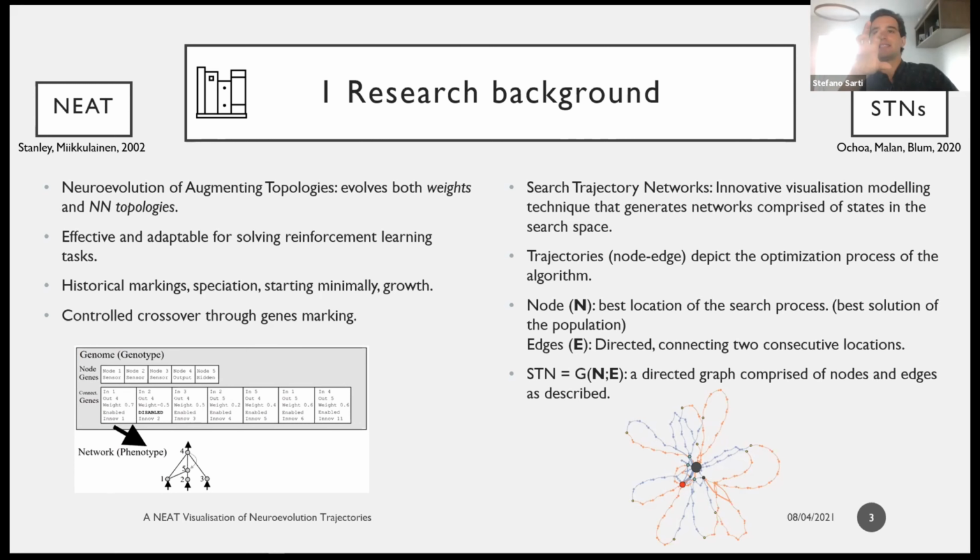An STN, therefore, is defined as a directed graph, which is comprised of nodes and edges as described above. In the image, which is derived from the original STN paper, this is an example where we have two algorithms that have been merged together. The yellow nodes are the starting points, and from there the evolution starts and depicts its trajectory.